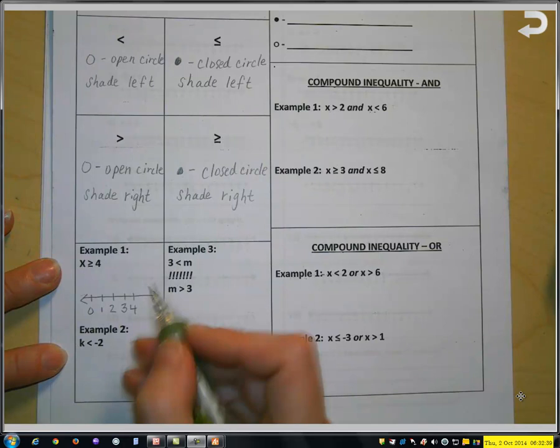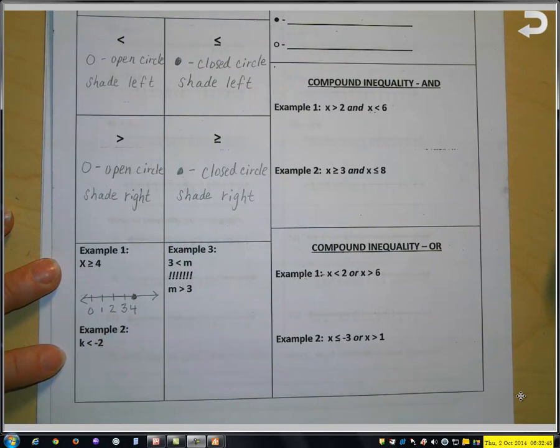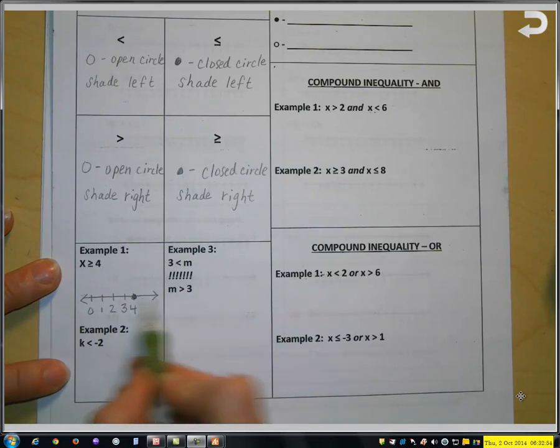And we're going to put that closed circle right on the 4, because this is where the graph starts. And now we're graphing all the numbers that are greater than or equal to 4, so we want to shade to the right, because the larger numbers are to the right on the number line.